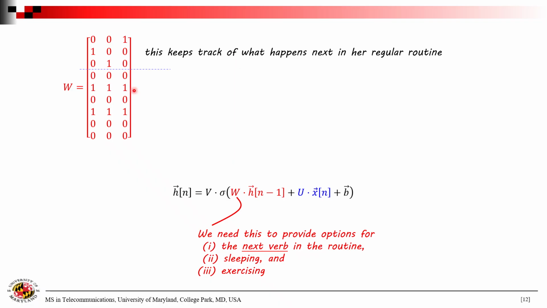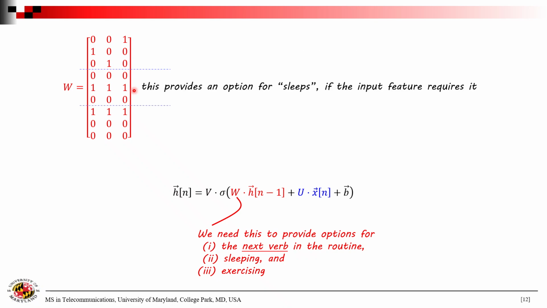But we also need to keep in mind that her regular routine may be interrupted, which is why we look at this second portion of W. Now, this second portion of W provides options for sleeps if the input feature over here requires her to sleep because she woke up feeling tired. If she woke up feeling tired, then I don't care what the input is from her feedback.